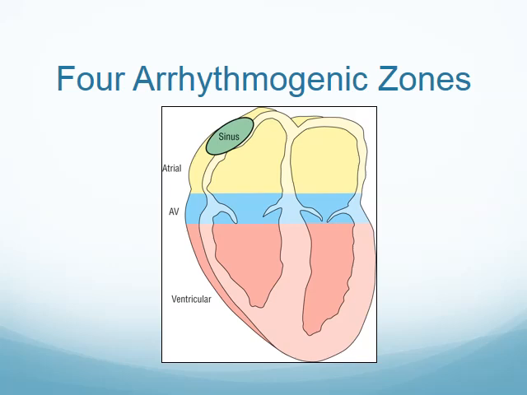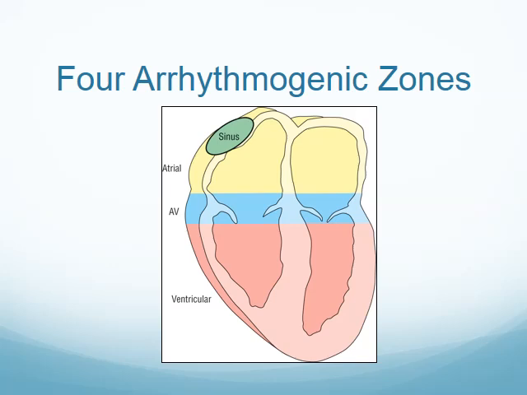As I said here, we do have 4 arrhythmogenic zones. Our normal arrhythmogenic zone is going to be our sinus node. And then, as we said, if it doesn't handle pacemaker responsibilities, we'll have an atrial pacemaker that takes over. It's not doing as good of a job. And then if it fails to fire, the AV node arrhythmogenic zone is going to take over.